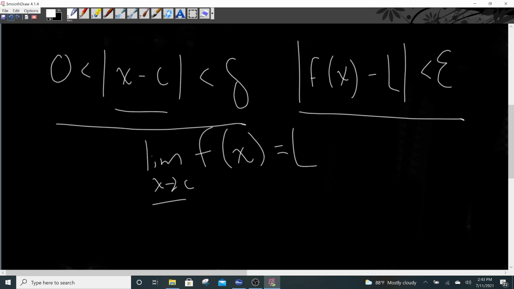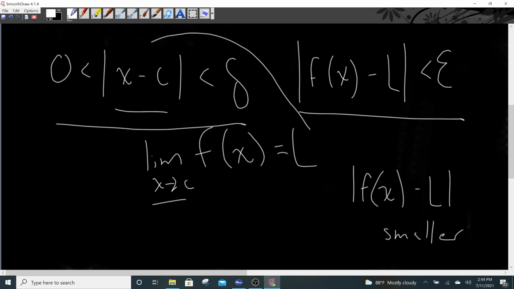And if epsilon is getting smaller, then that also means that the absolute value of f of x minus L is getting smaller. Which means that it's basically the same idea as this one. That means that f of x is getting closer and closer to L.